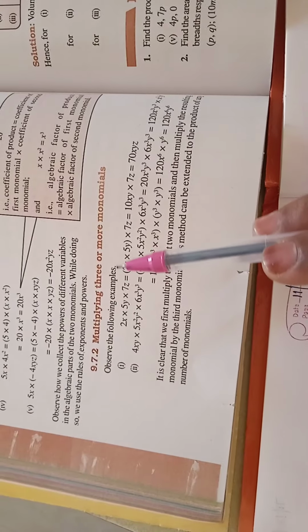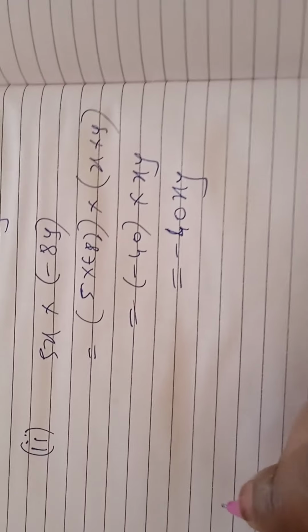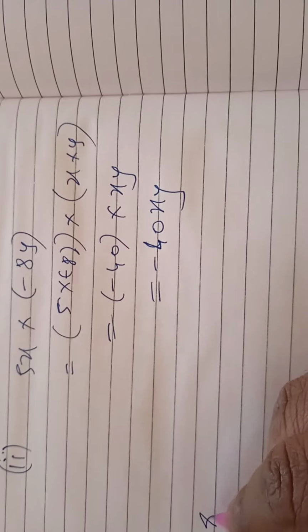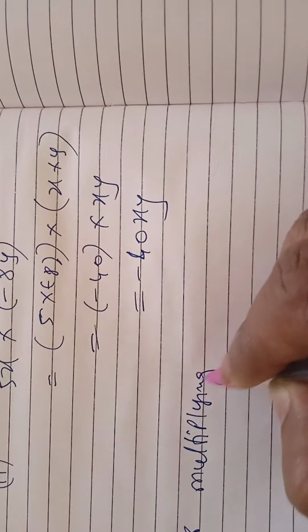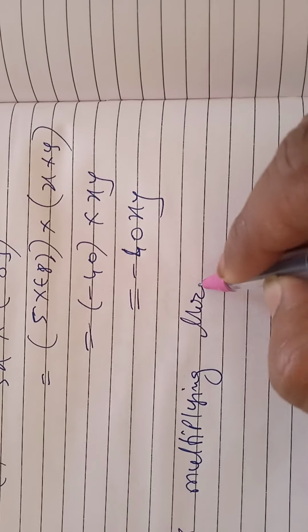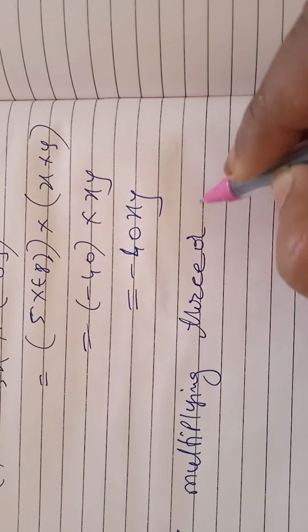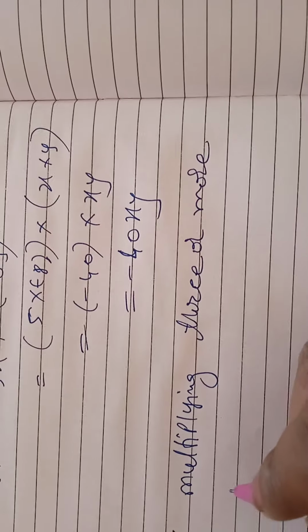Then our next topic is multiplying 3 or more monomials. So now we write here multiplying 3 or more monomials.